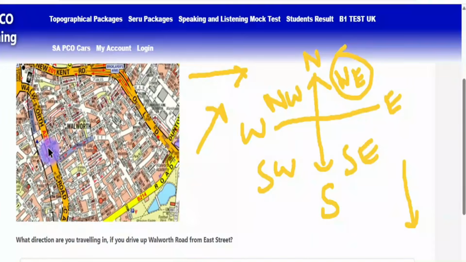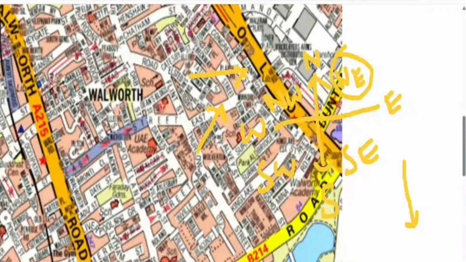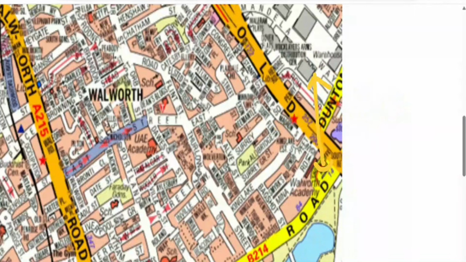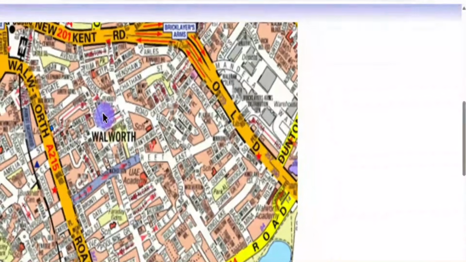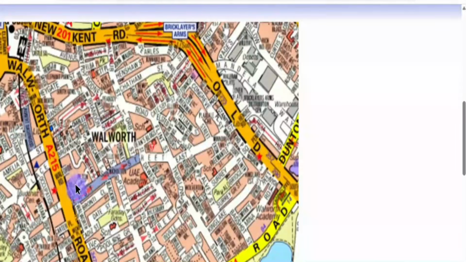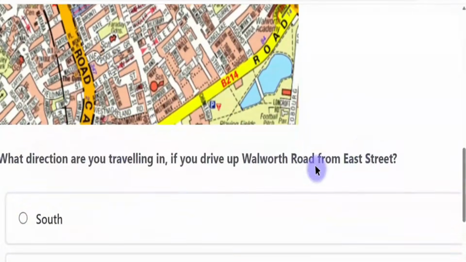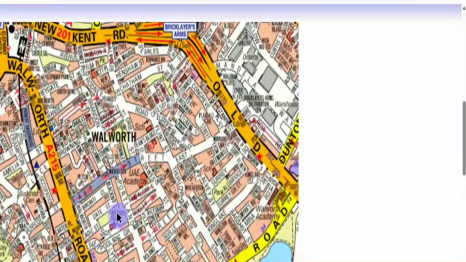Let's zoom in and delete this one. I can see Walworth Road here as well. The question was East Street. I can see East Street, which is over here. If you're traveling from East Street, which is a restriction as well, you can't do it, but these are questions.